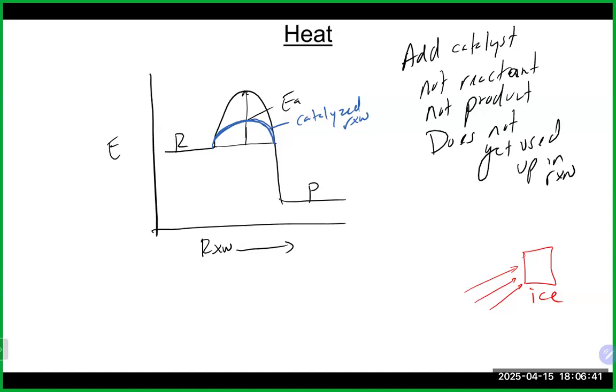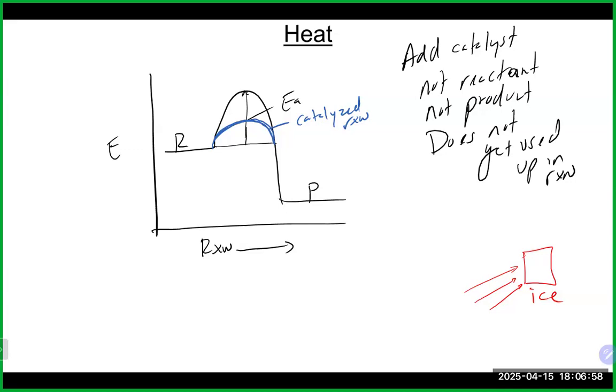The activation energy is the energy barrier that allows a reaction to take place, and only a certain amount of reactants have sufficient energy to get up and over the hill to the other side.